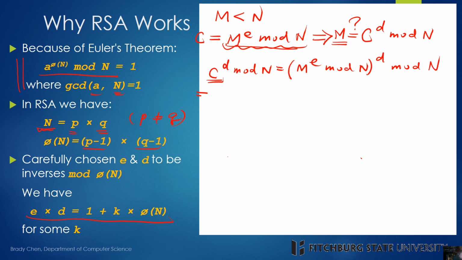Then we get m to the e mod n, to the d mod n. Then we can remove one of the modular operations by the property of modular operations. So we can write it as m to the e, to the d mod n, or m to the ed mod n.